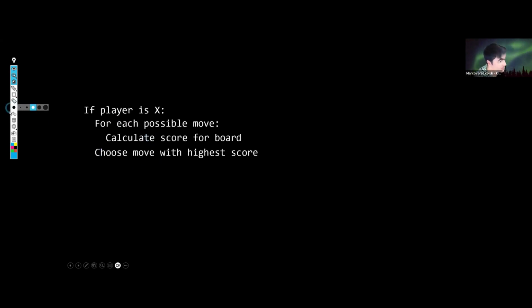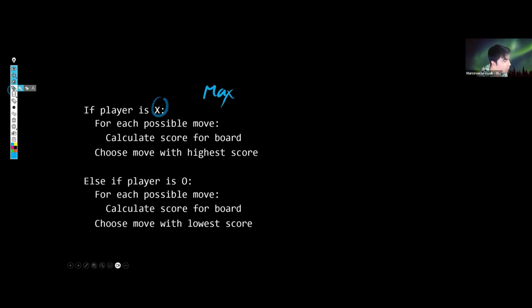This is now where AI is no longer as simple as just doing what those decision trees say. In the context of tic-tac-toe, here's how we might translate that to code, or pseudocode. If the player is X, for each possible move, calculate a score for that board, and choose the move with the highest score, because X's goal, again, is to maximize its own score.